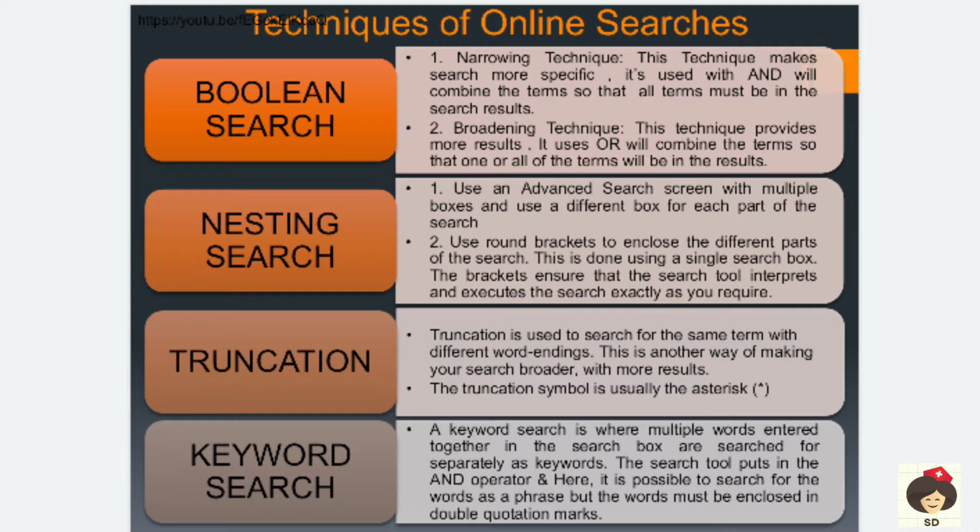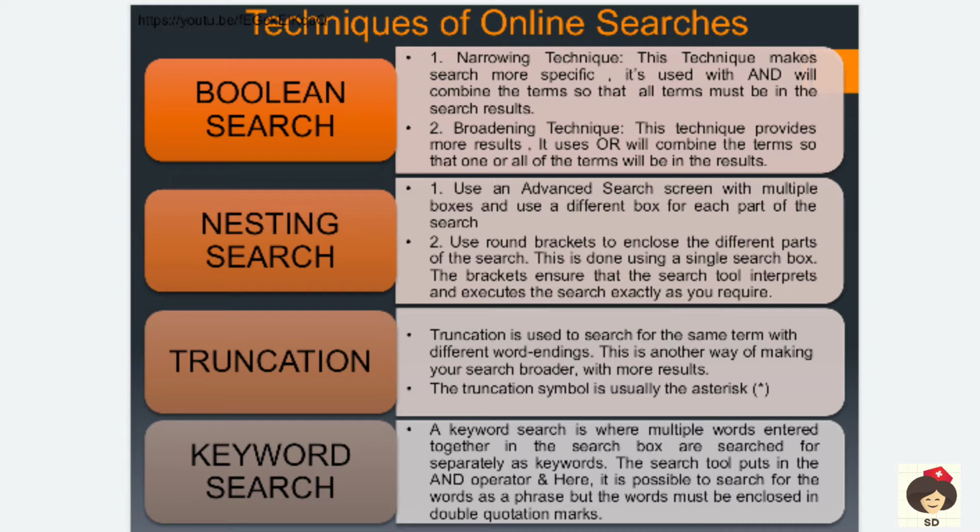And next is truncation. In truncation, the researcher will search some term and put an asterisk, so that all the words with different endings will be obtained in the search results.